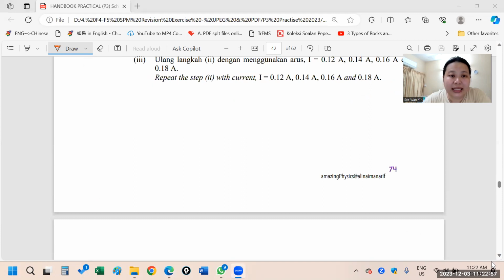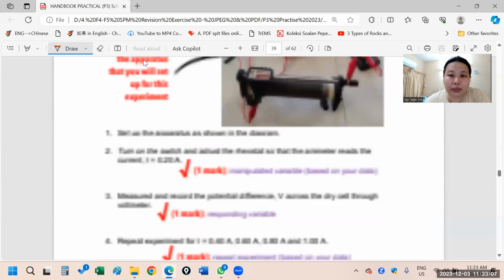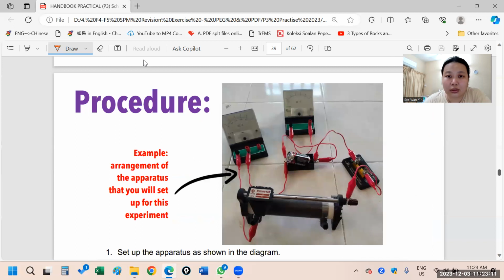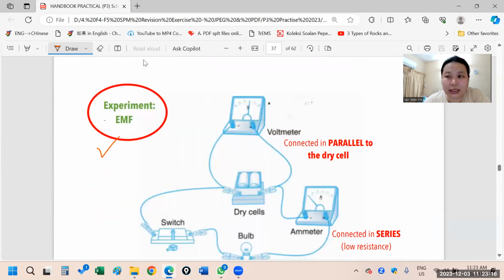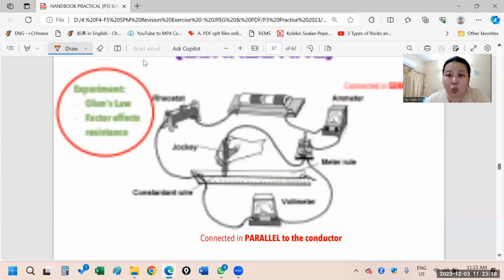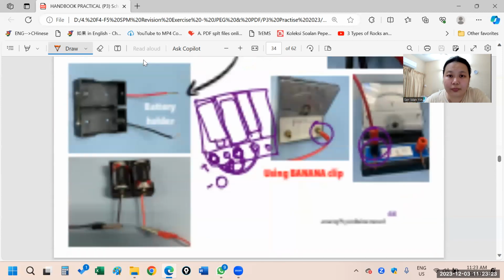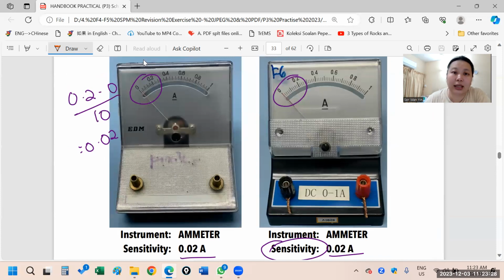If it's unguided and we have to write our own MV, what is the max current we can put? Depends on your ammeter. Normally 1 ampere is the maximum.